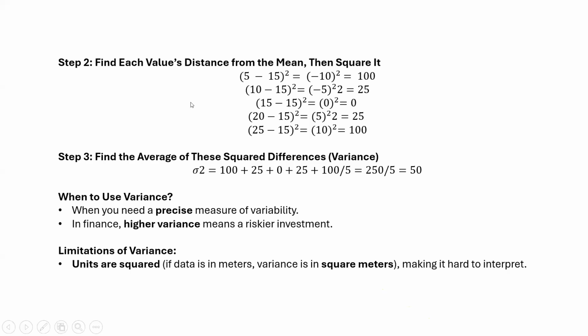The first data point was 5, our mean was 15, so 5 minus 15 squared is 100. Similarly, we calculate it for all the data points, and we get 100, 25, 0, 25, 100. Now we sum all of them and divide by the total number of data points. The final variance is 50.